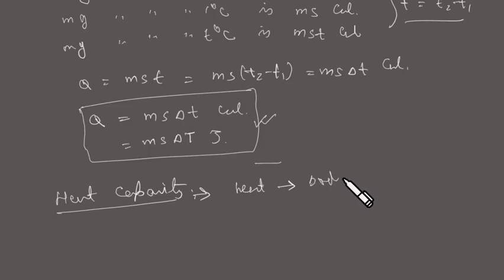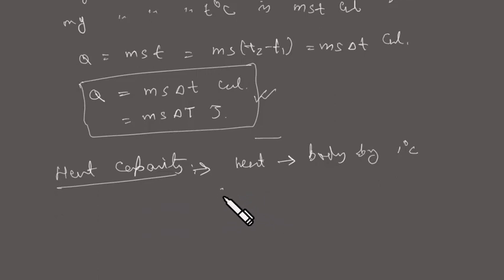It is the whole body. So, the amount of heat required to increase the temperature of a whole body by 1 degree Celsius or 1 Kelvin, that's called the heat capacity.